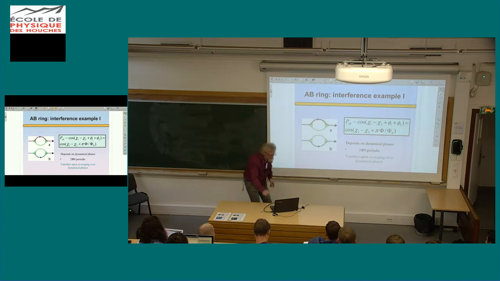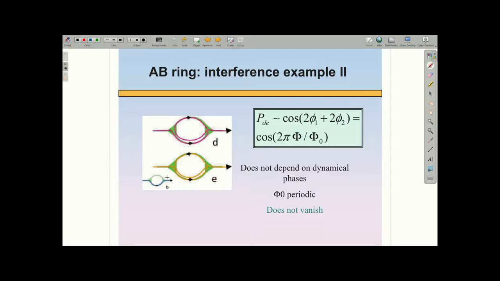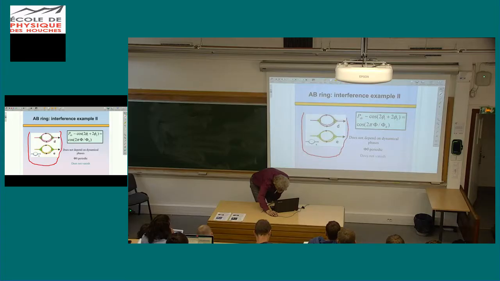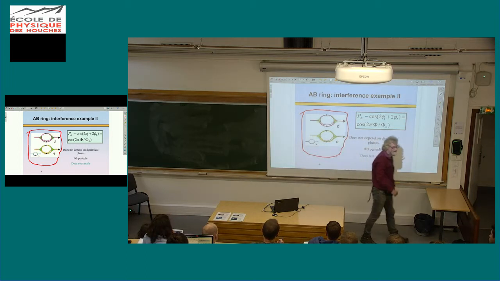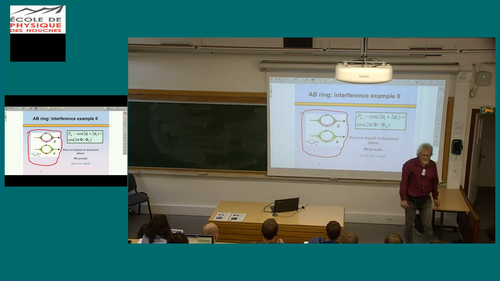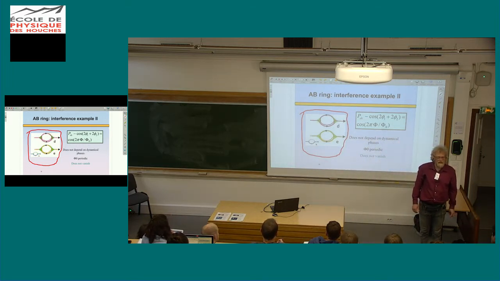Not so, wait a second. Let us consider another example. Let us consider an example of these two trajectories. As I told you, these trajectories are almost identical. So dynamical phases collected on these trajectories are the same.